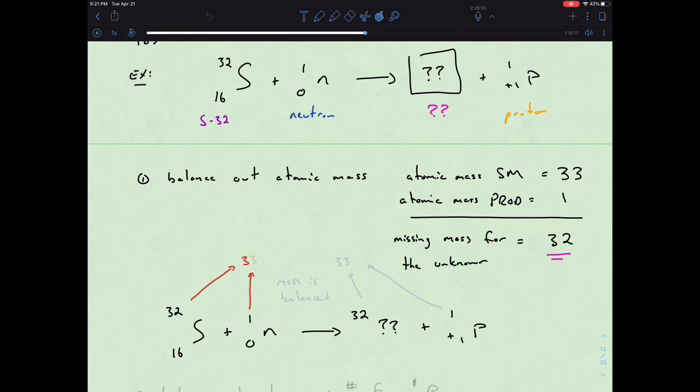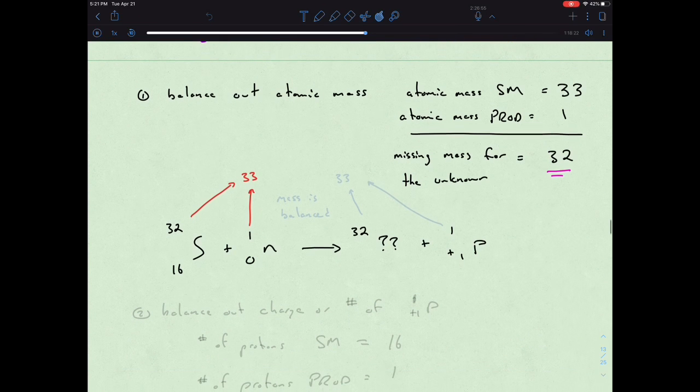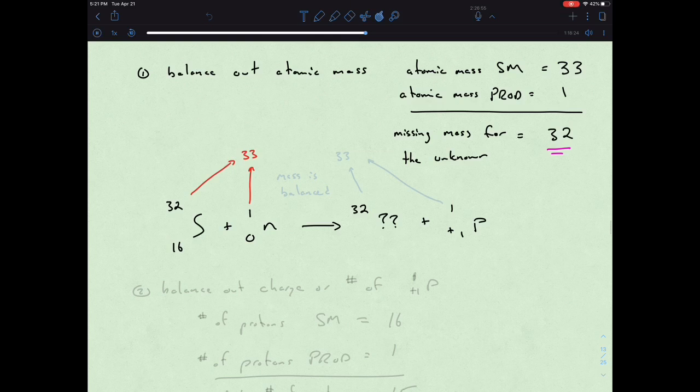We have a mass of 33, and we have that same mass as well. So now the mass is balanced. And so now we can go to the charge, or balance out the number of protons.